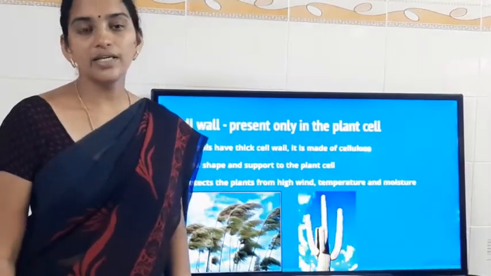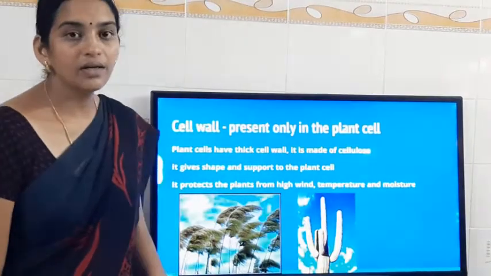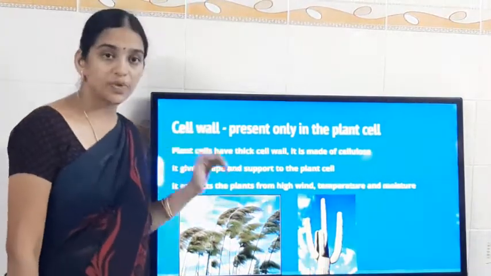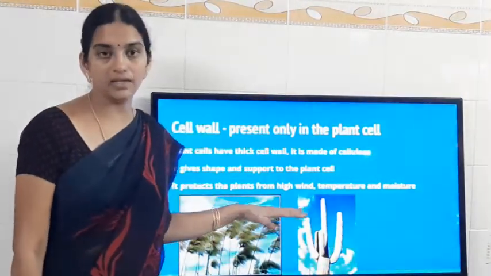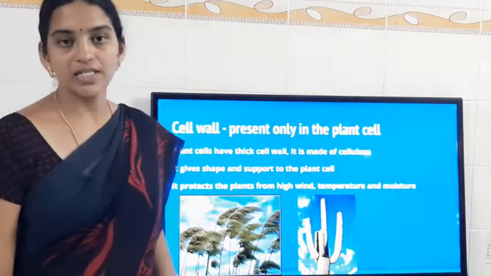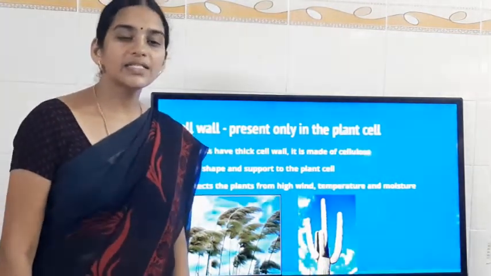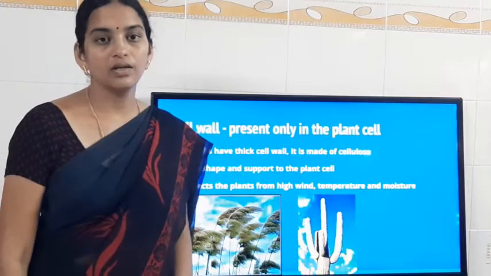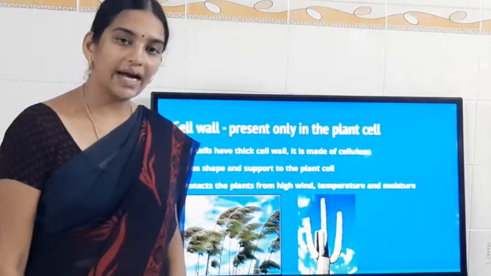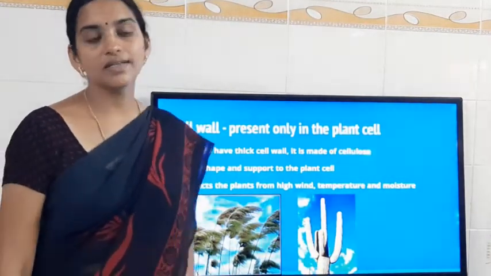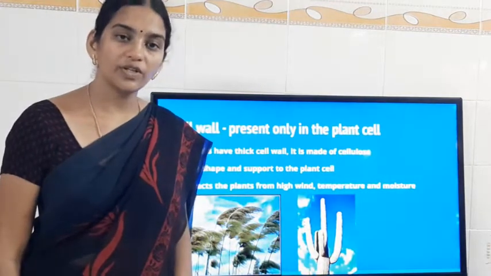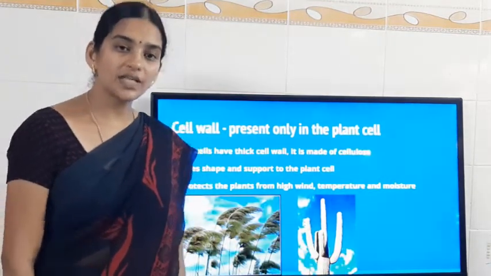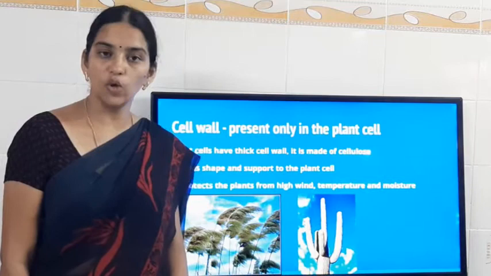The next organelle is cell wall. Particularly, this organelle is present only in the plant cell and is not present in the animal cell. This cell wall is very thick and acts as an outer covering for the plant. This thick cell wall is made up of cellulose.